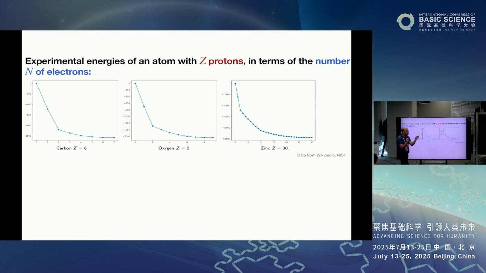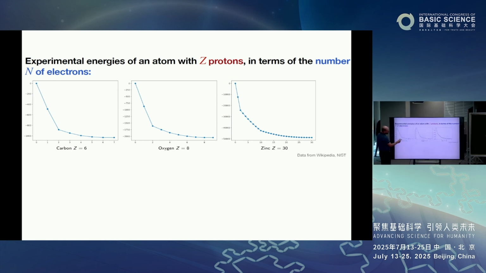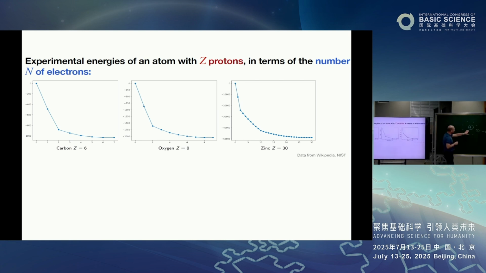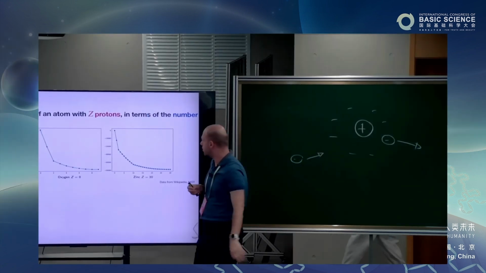This is because you are taking the more external electrons, which are the ones forming bonds with other atoms, so it is easier to send them outside the system. And then you need more and more energy to go from, for example, 2 to 1 and 1 to 0. This is because you are going to touch the core electrons, the ones next to the nucleus, and so it's harder to drop them from the atom.